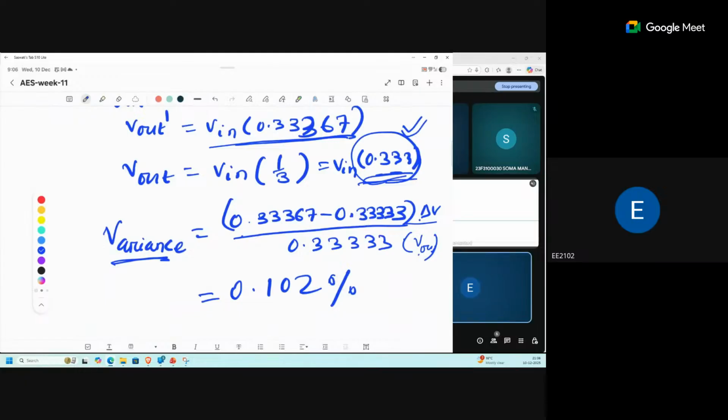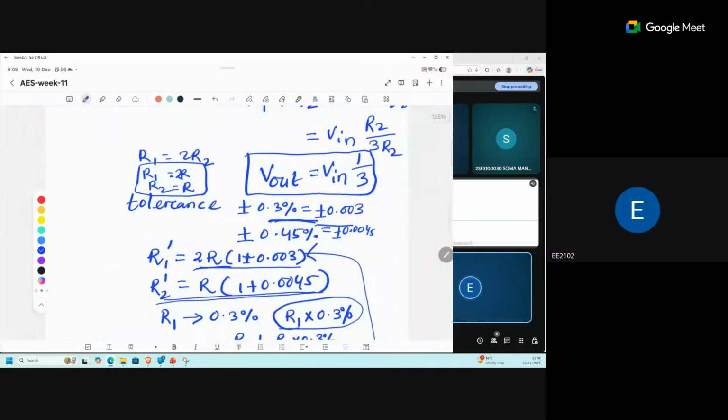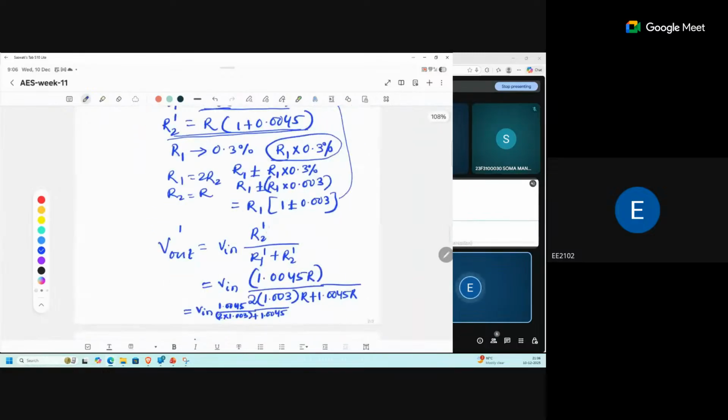Is it clear? Yes. Till V out equals V in into 1 by 3, till here I calculated, but after that I was not getting these things. Majorly, first try to understand the question. That's why I have expanded again here so that the confusion should not be there.